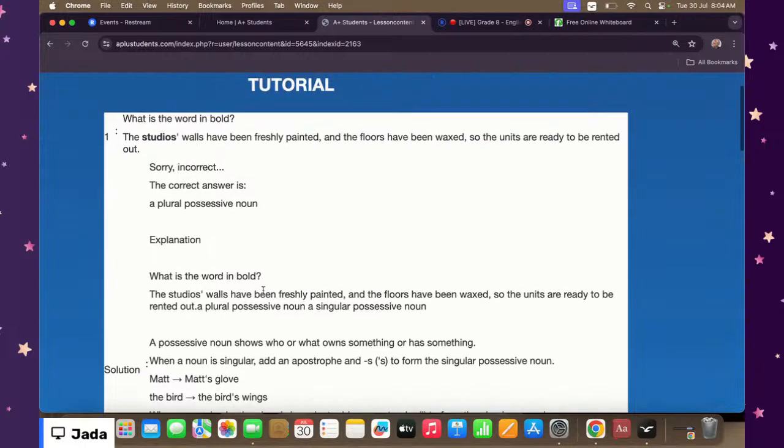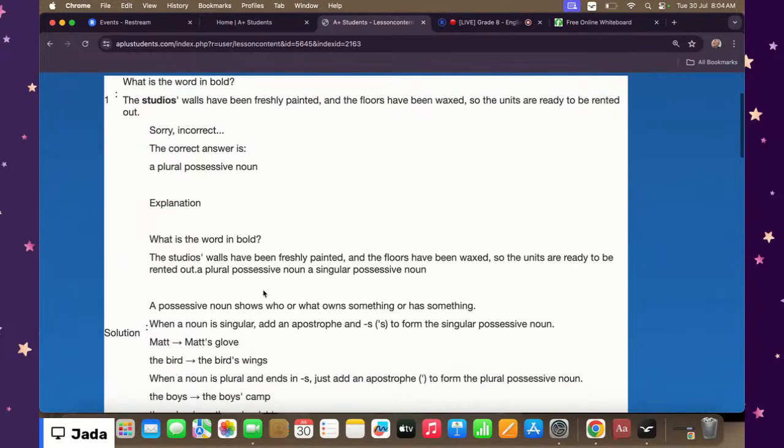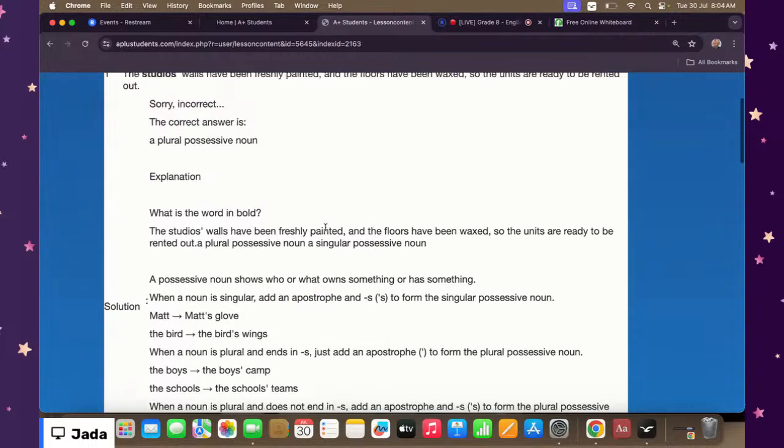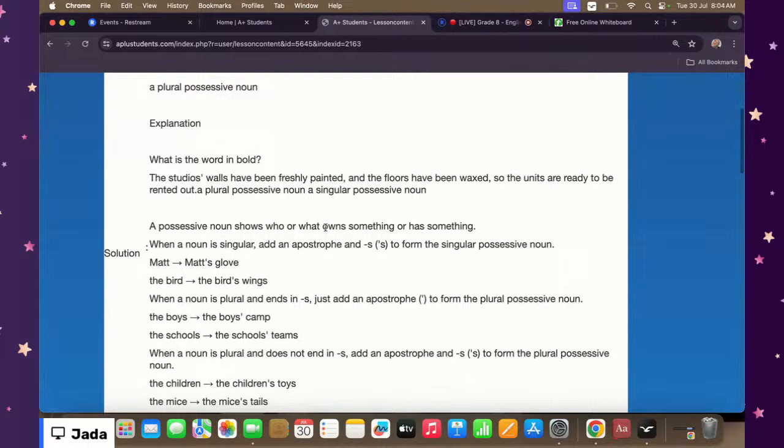When a noun is singular, add an apostrophe. We know what the definition of a noun is. A noun is the name of a person, animal, place, or thing. That's the general definition that we have of nouns. So when a noun is singular, add an apostrophe.